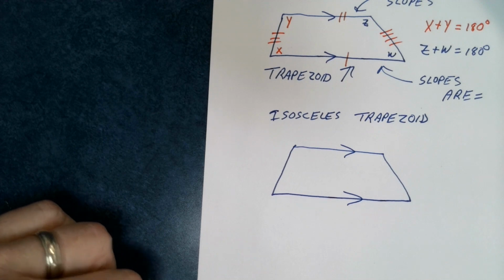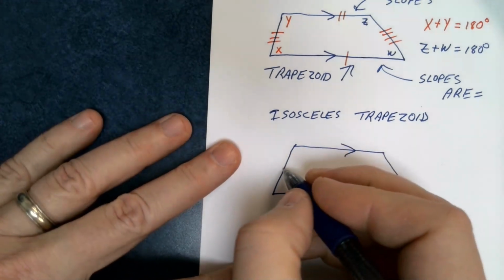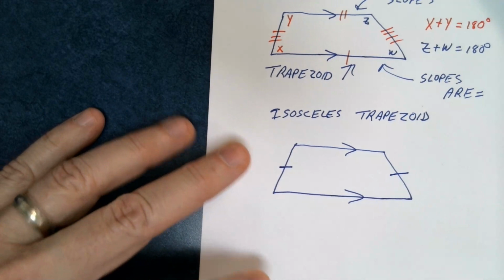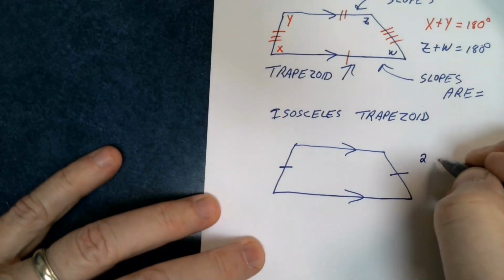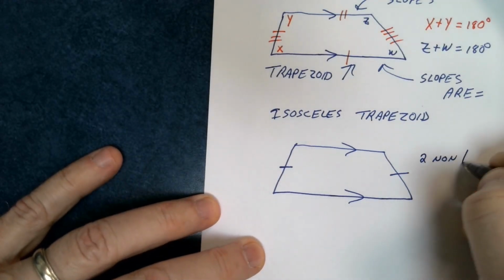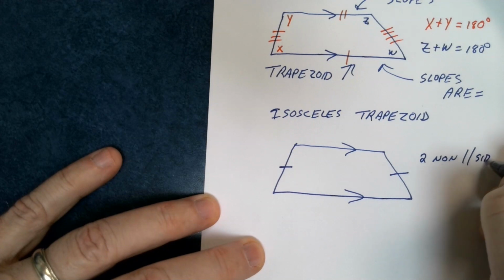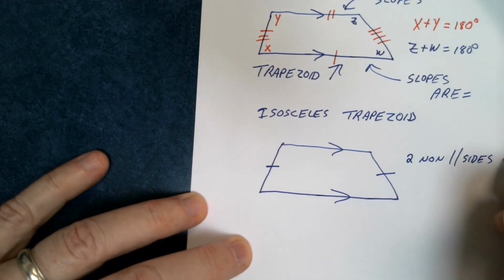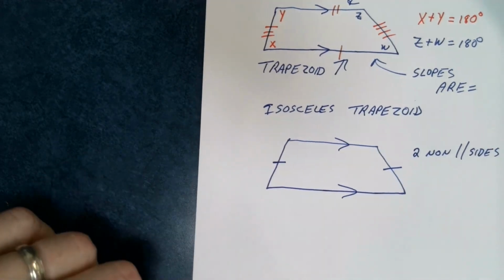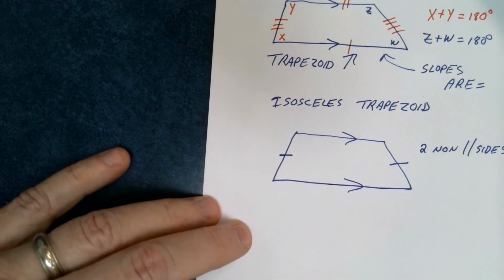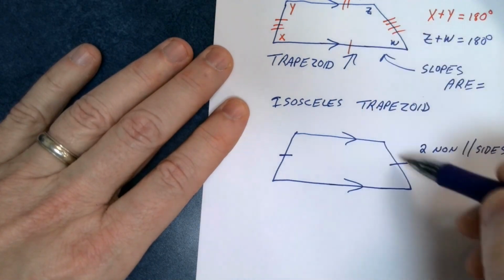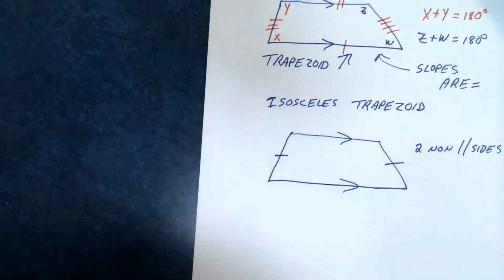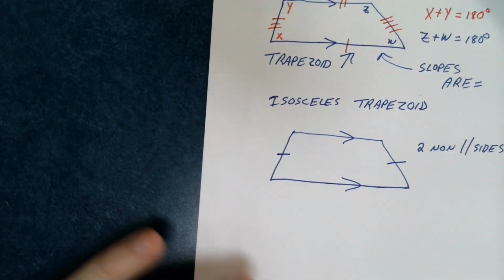But on an isosceles trapezoid, you also have the two non-parallel sides, two non-parallel sides that are congruent. Just like if you had an isosceles triangle and you split it all the way up there, it's just like truncating it or cutting off that isosceles trapezoid.